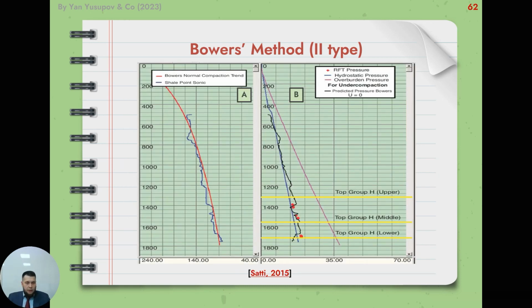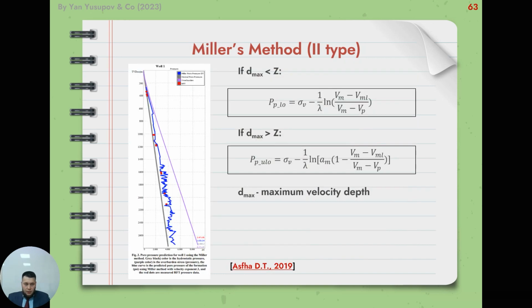This is one of the published examples of using Bowers' method. You can see here a distribution of pore pressure calibrated with repeat formation testing data. Another method for calculation and prediction of pore pressure of the second type is Miller's method.